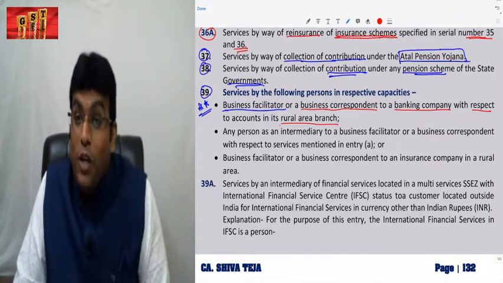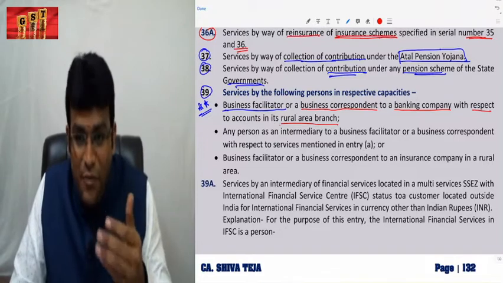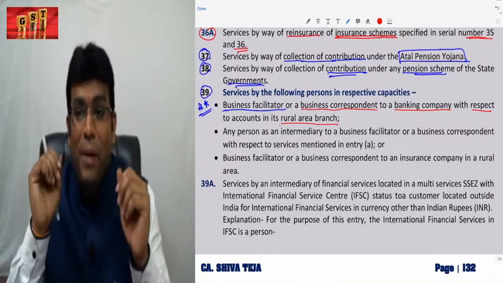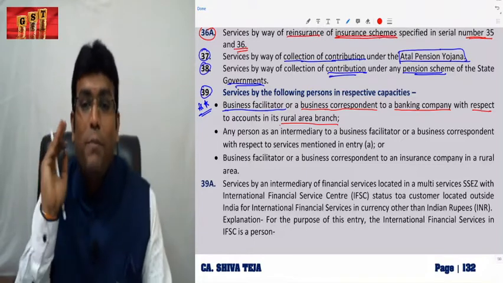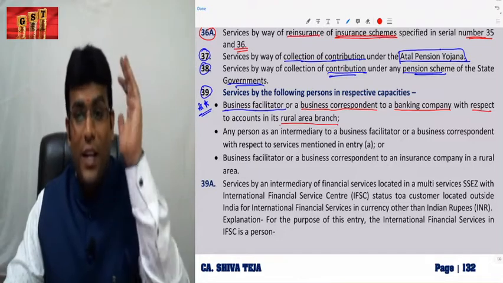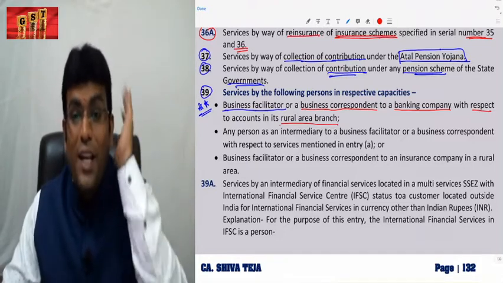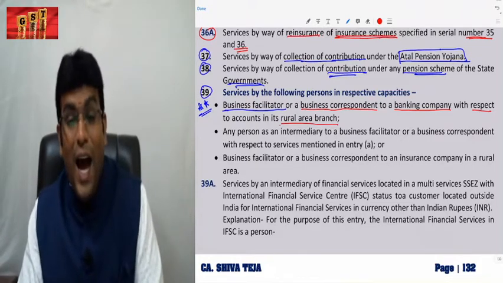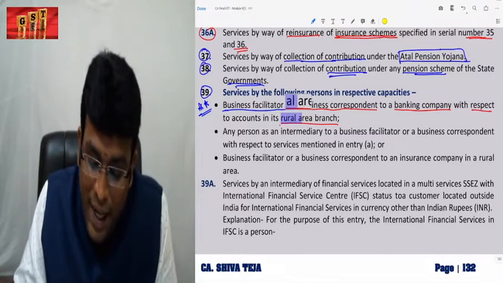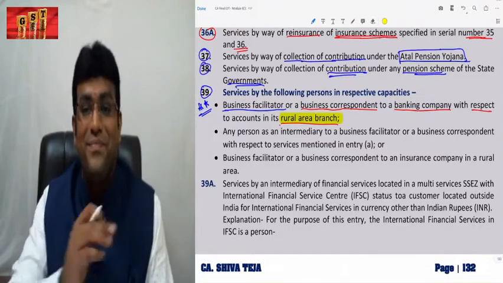But the interesting point we are learning now is about a business facilitator or business correspondent giving service to a banking company with respect to accounts in which branch? Rural area branch. If it is with respect to accounts in rural area branch, it is exempt. Urban area branch, then only it is taxable. Moreover, urban area branch will be taxed only under RCM.